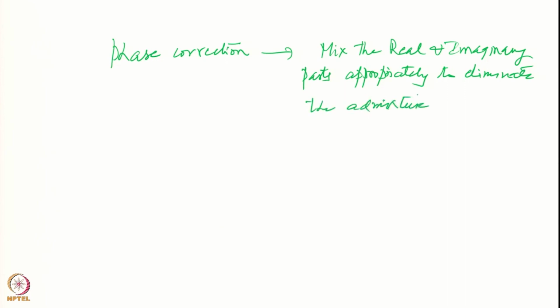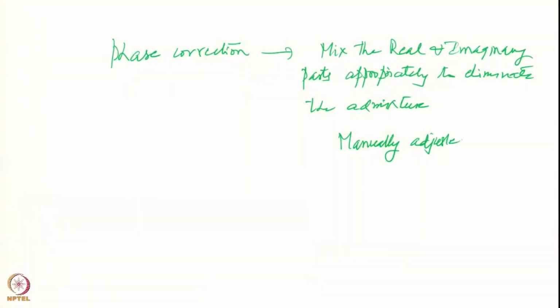The computer does this. There are various kinds of knobs, so you just keep moving the knobs, and in real time you can monitor on the screen how the phases are changing. These algorithms and the mathematics behind this are all programmed into the computer, how to mix the real and the imaginary parts and what the coefficients for the mixing should be. You can also manually adjust it, to obtain the phase correction.